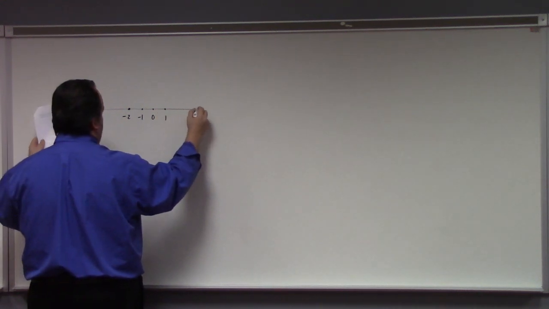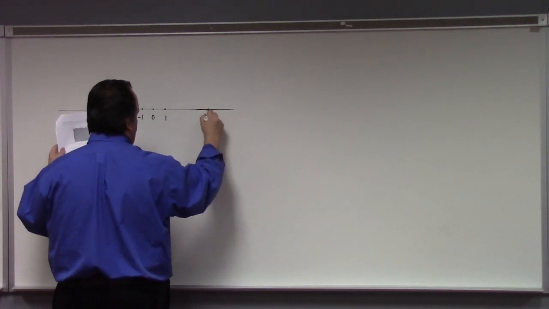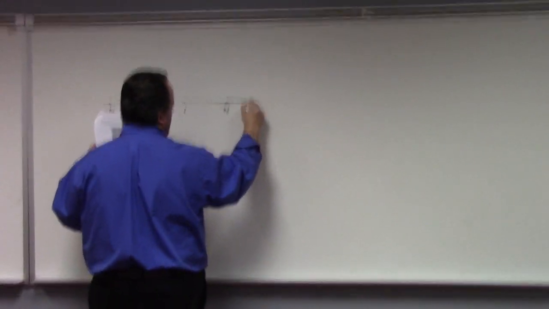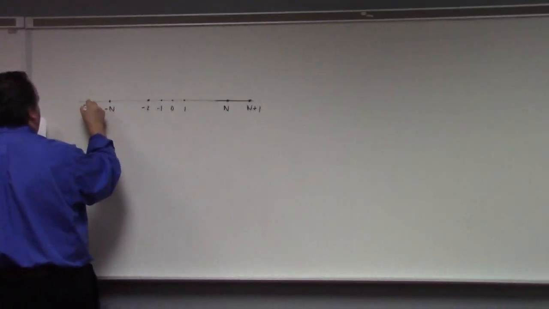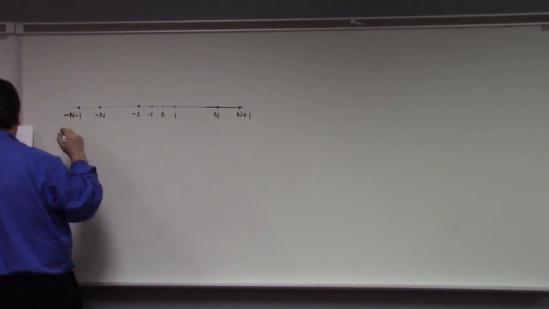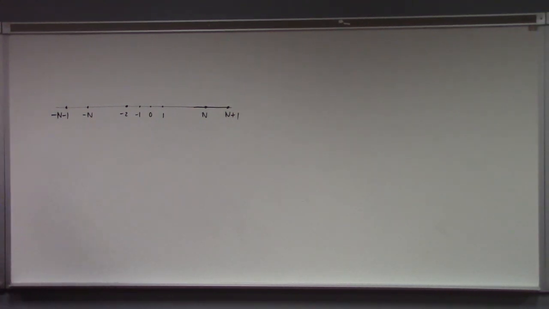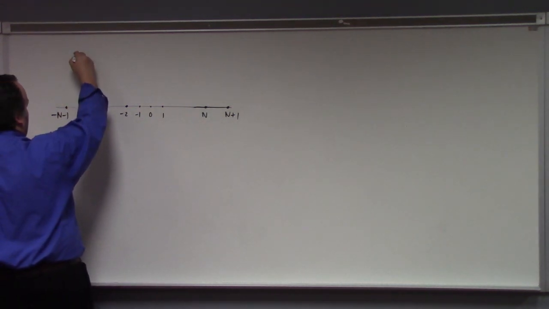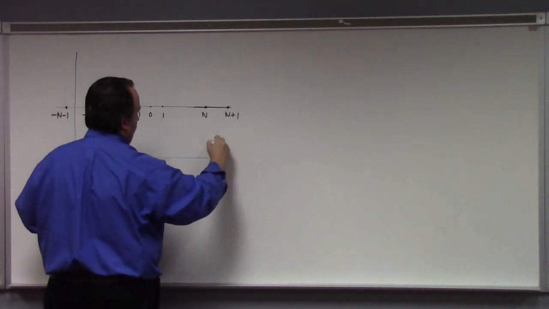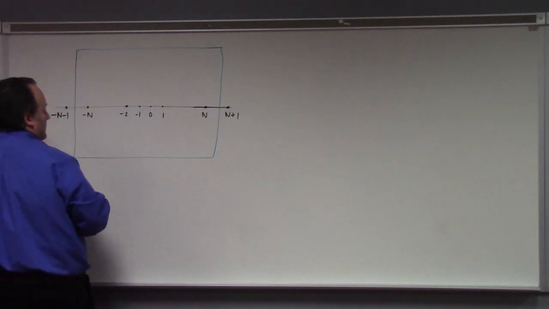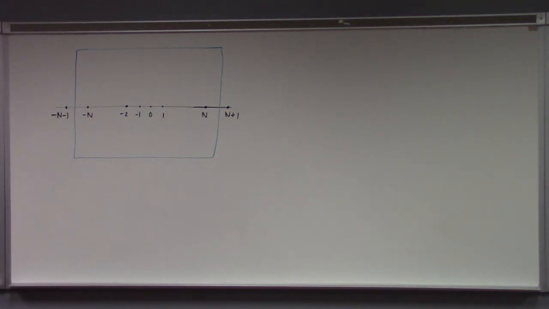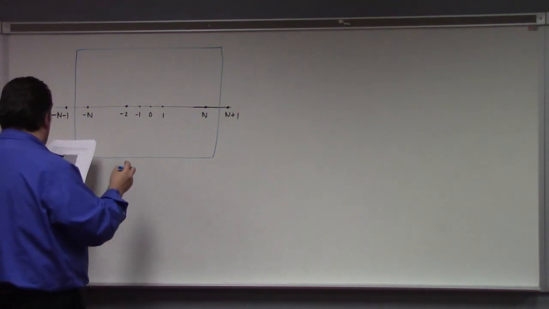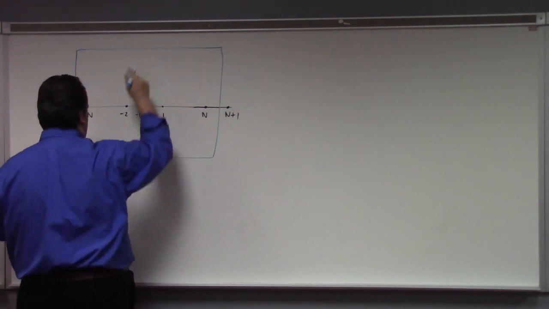Let's see here, eventually I get over here to n. Then past that, of course, is n plus 1. And back over here is minus n minus 1, right? And the game to play here is to make a contour like that. And specifically, let's see here, going this way. Well, I want to use that color.